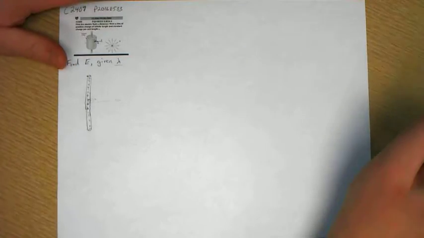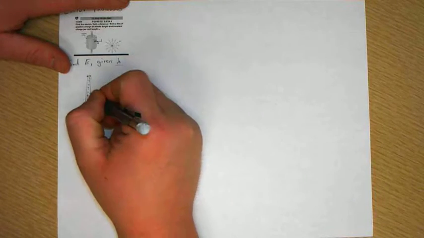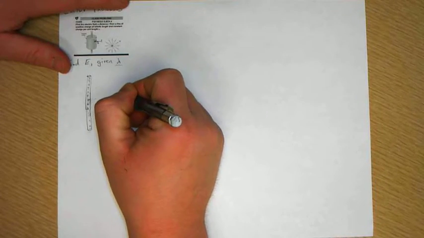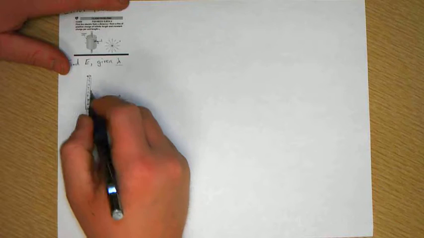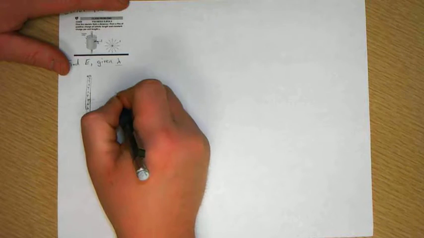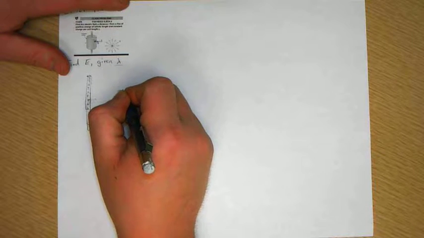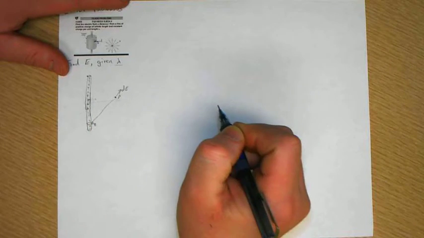Now there are different ways we can approach that. We can say, let's say we're at some point P in the middle here, and we want to find some differential charge element dq, and that's going to create a field element dE.